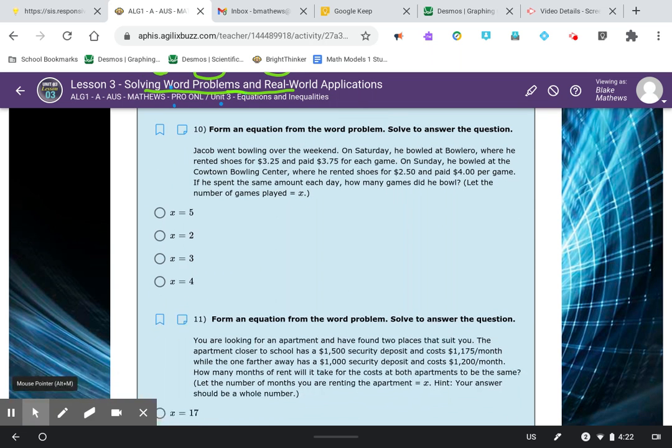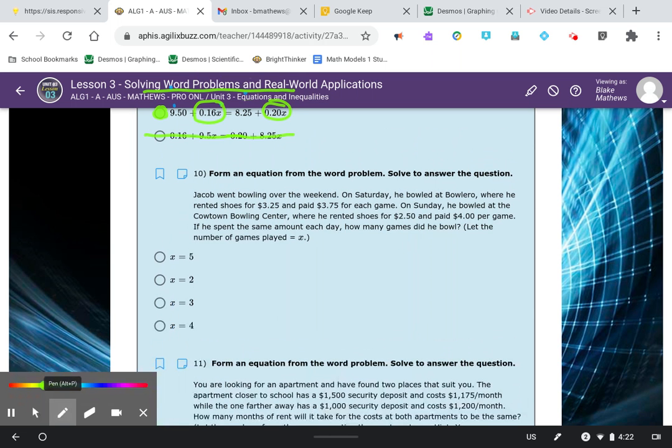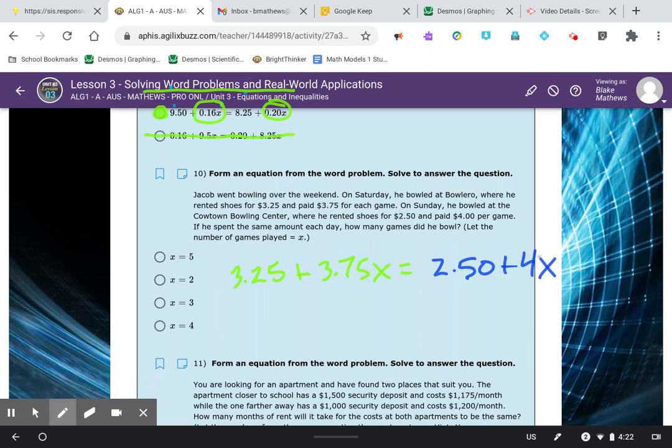Form an equation from the word problem. Again, same idea. It says Jacob went bowling, and the first time he paid $3.25 and $3.75 per game, X. And that is going to be the same as $2.50 plus $4 per game.